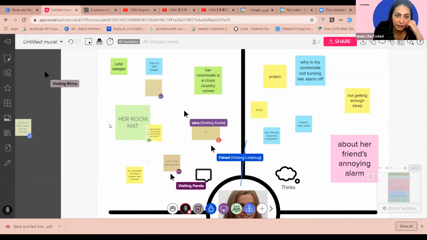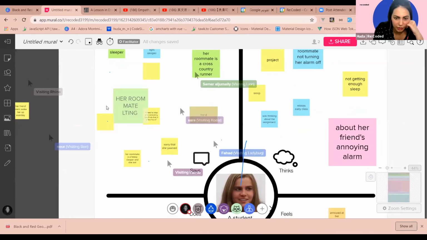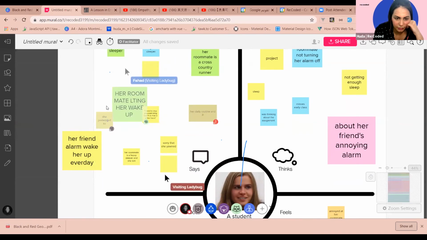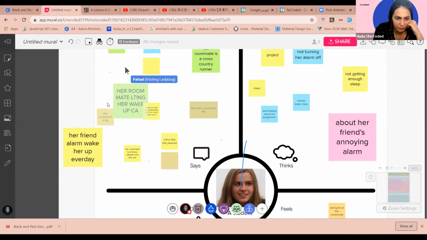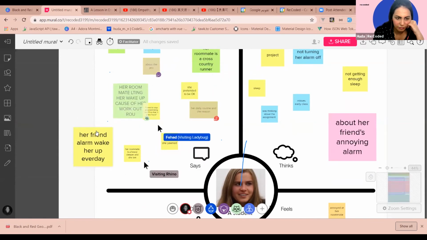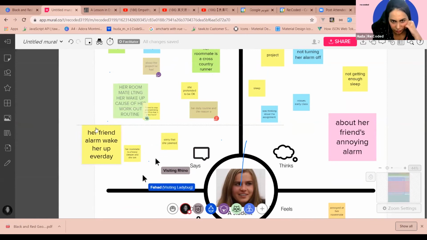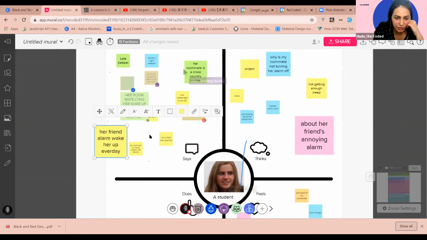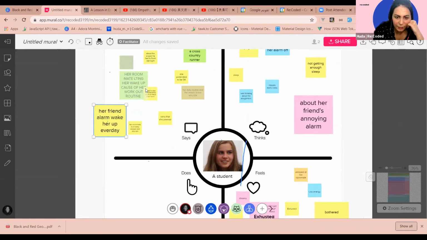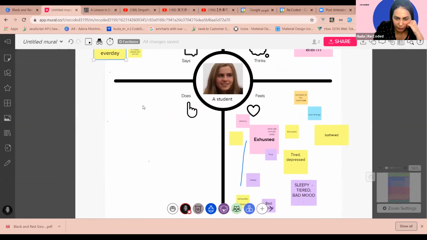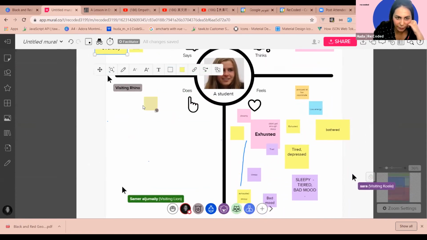She's a light sleeper, yeah. Okay, cool. I think we got a lot of information here. Let's jump now to what she does, what she usually does during the morning.